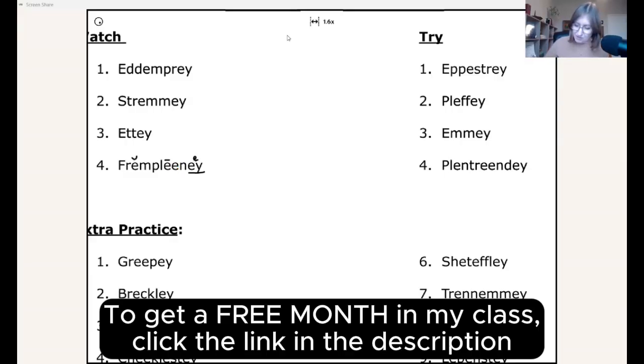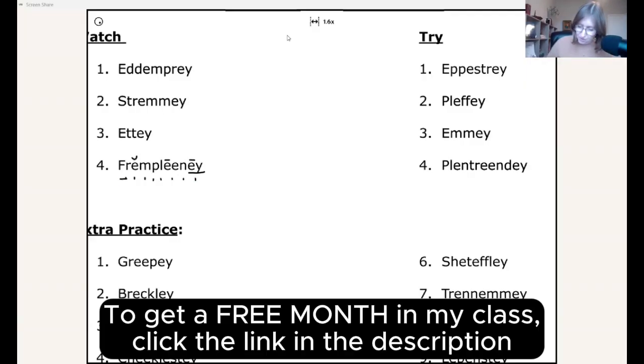It's one grapheme that just says E. They both say E. They are just different spellings. This one says E usually in the middle, sometimes at the end, sometimes at the beginning, usually in the middle. And this one says E at the end.